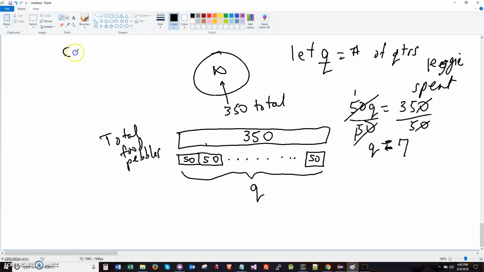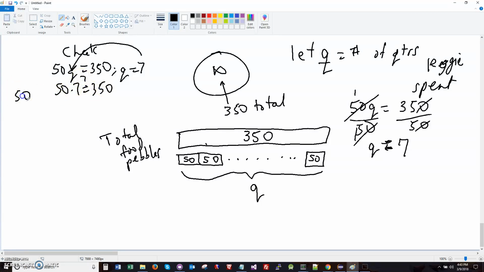So let me just check that. For 50Q is 350, is it true that if Q is 7, that is correct? Let's find out. So we'll substitute that. 50 times 7 is 350. Is that true? Let's just make sure it is. 7 times 0 is 0, and 7 times 5 is 35. Yep, it is true.